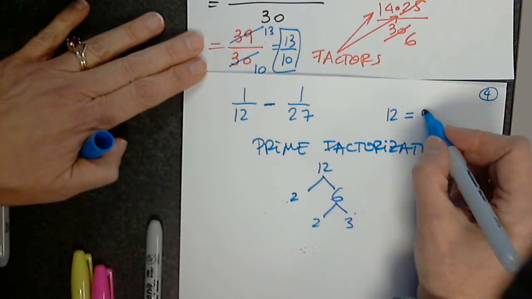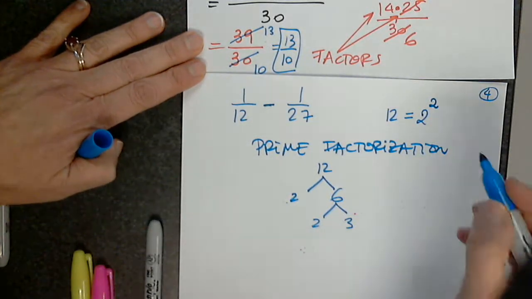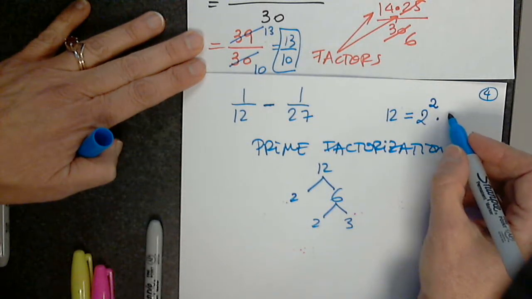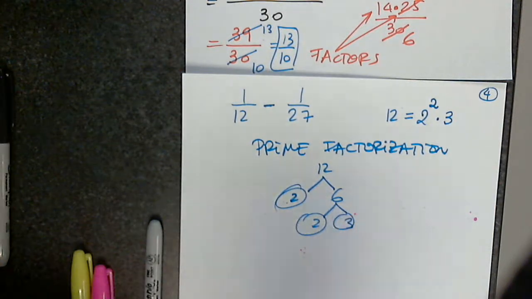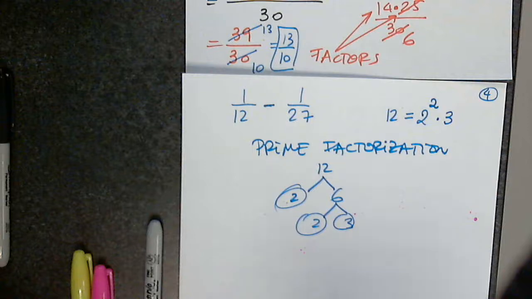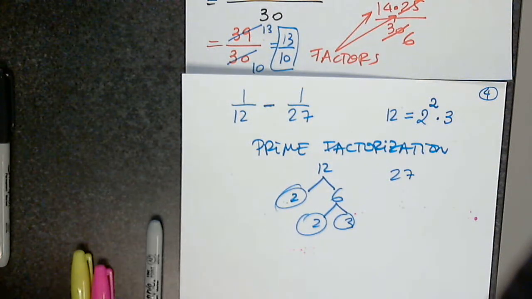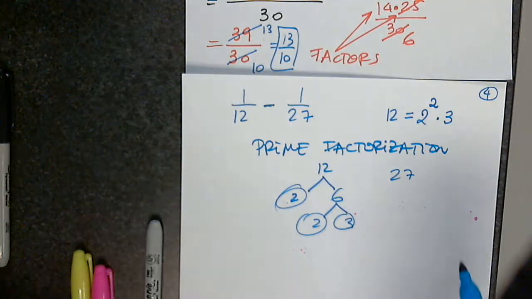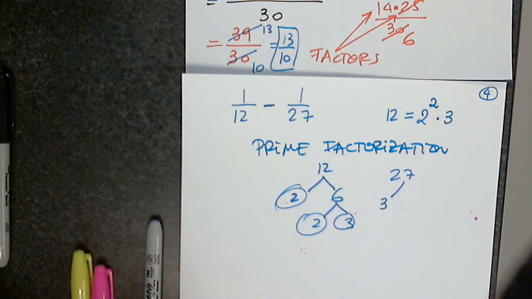So 12 is 2 squared multiplied by 3. Okay, 27. It's not an even number, so I go to the next prime number, which is 3. Let's see if 27 is divisible by 3. It is.